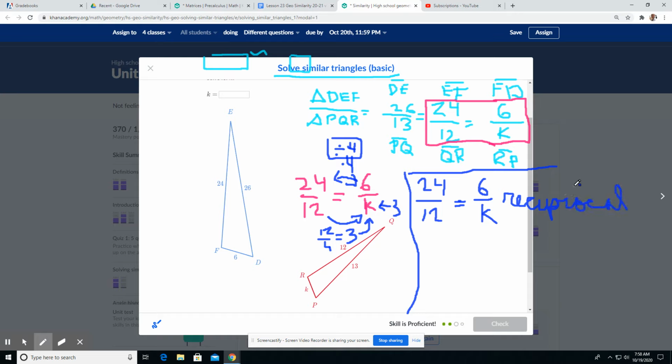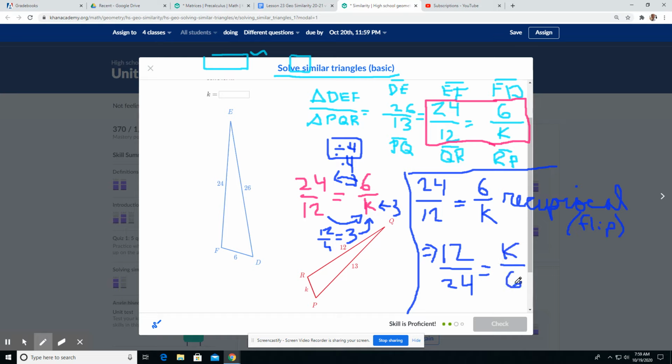The reciprocal method, because if I had set these triangles up in the other order where PQR was on top, then this order would be different, but we can just flip both sides. The reciprocal method just means flip. What you do to one side, you have to do the other. So that's going to be 12 over 24. I flipped the left side. That's going to equal K over 6.